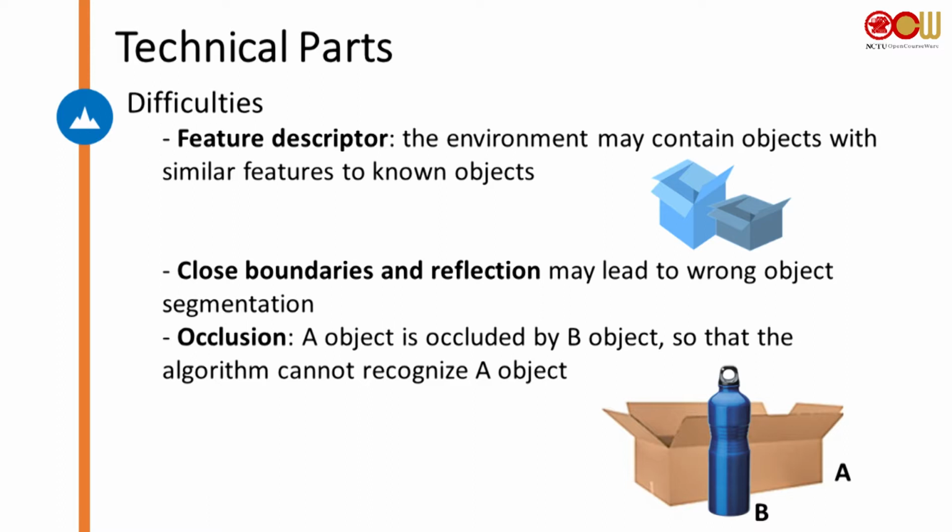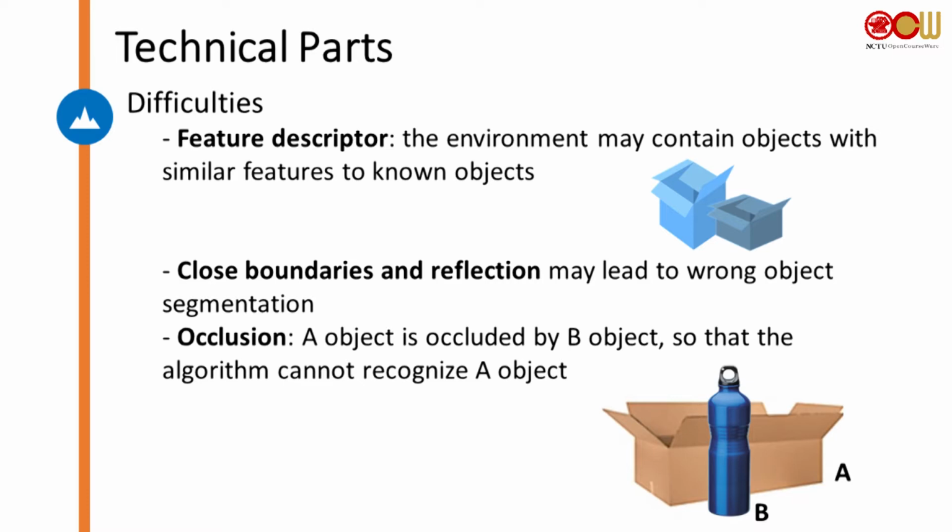There are some difficulties we will encounter during the development of the project. The first one is the feature descriptor. The environment we capture may contain objects with similar features to known objects. For example, in the upper figure, the colors of the two blue boxes are very close, so the algorithm may see them as the same object, and we cannot know which object we want.